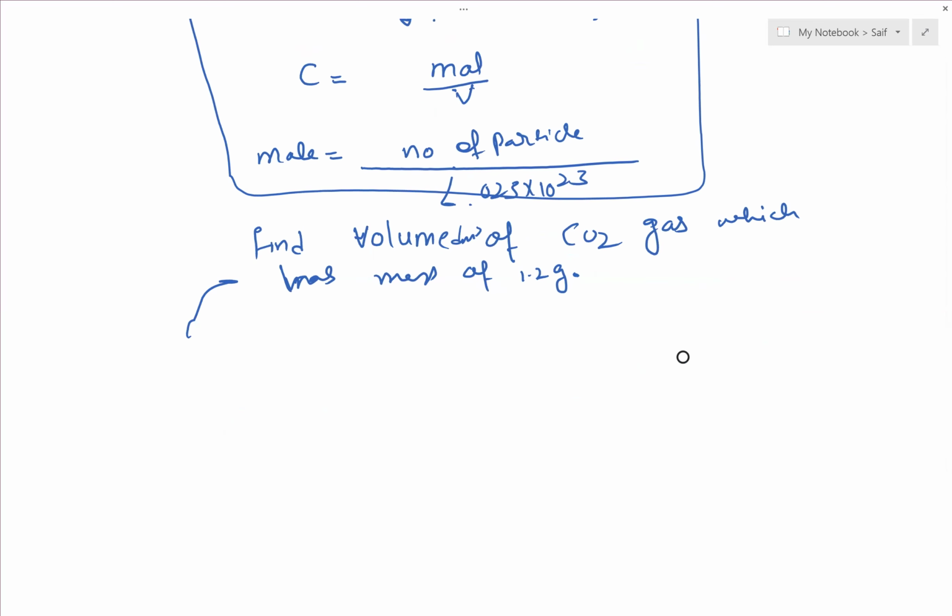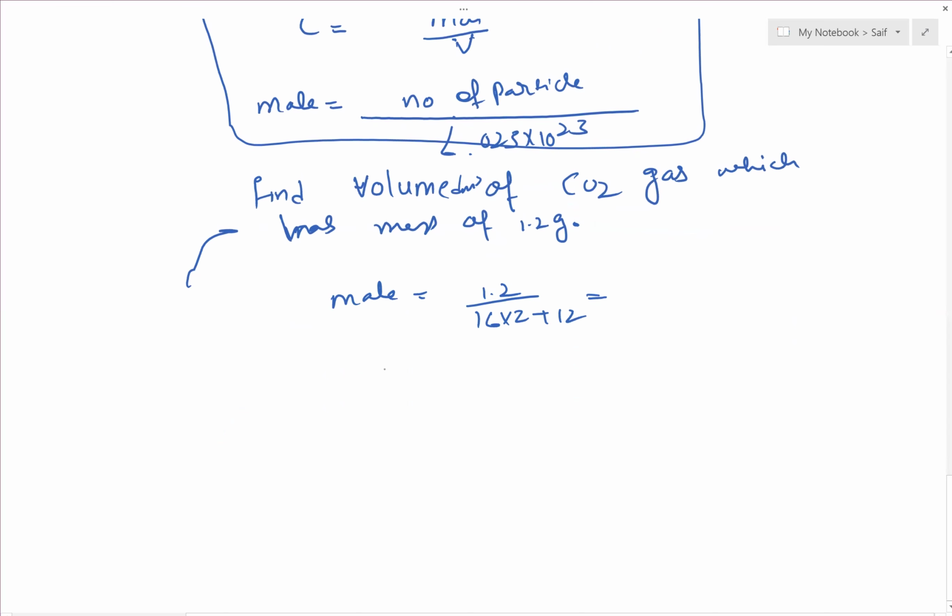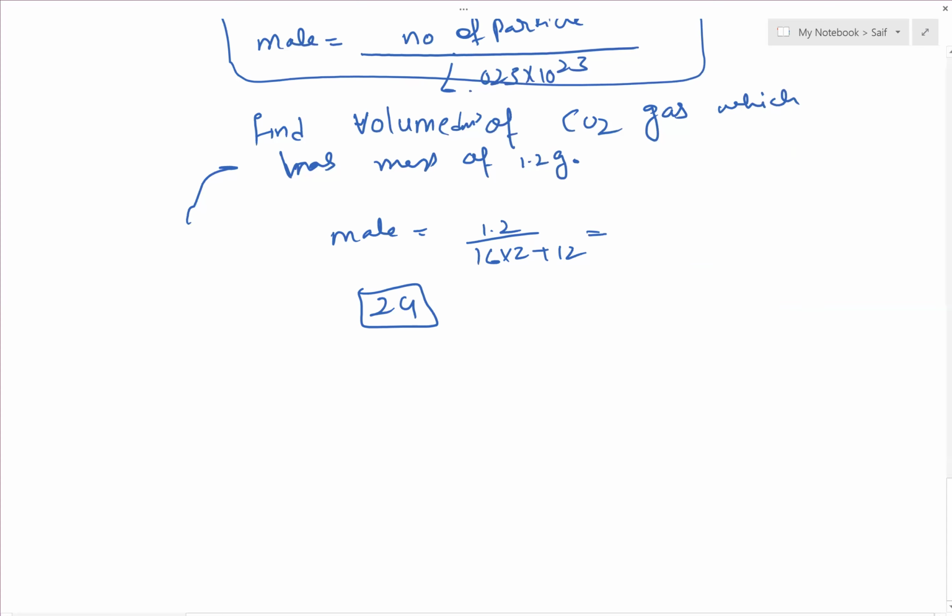So first you find the moles. The moles came as 0.216 multiplied by 2 plus 12, isn't it? Yes. Okay, and then moles will be getting multiplied by 24, isn't it? Yeah. You'll be getting a volume. Okay.